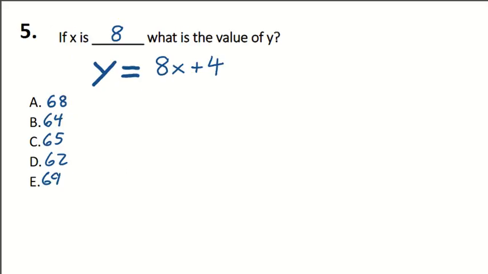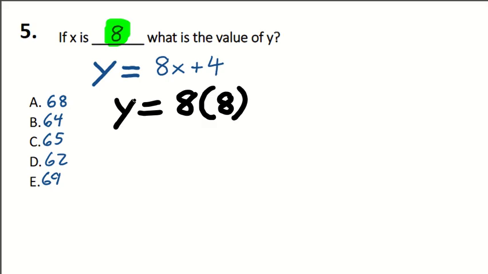Let's do another one. What if we have a funky looking one like this? What if we say the value of x is 8? What do we do about this big old equation here? Well, we just plug in 8 for x and then evaluate. So y equals whatever 8 times 8 is, because remember we're substituting the 8 for the x, increased by 4.